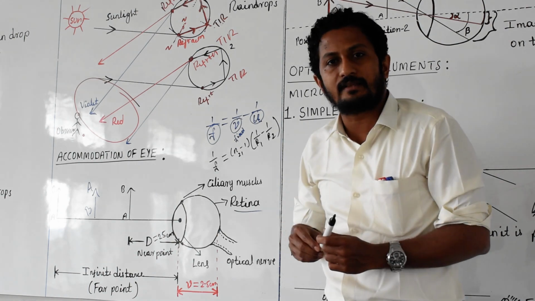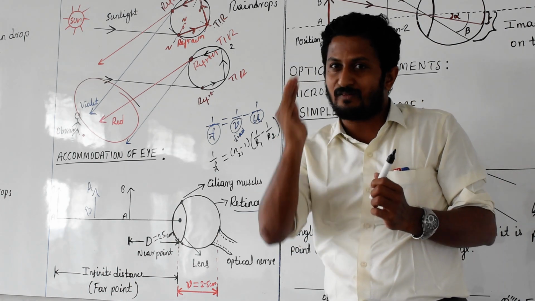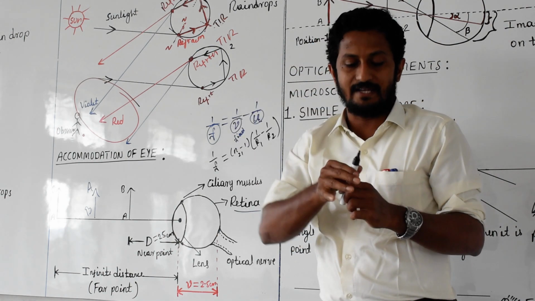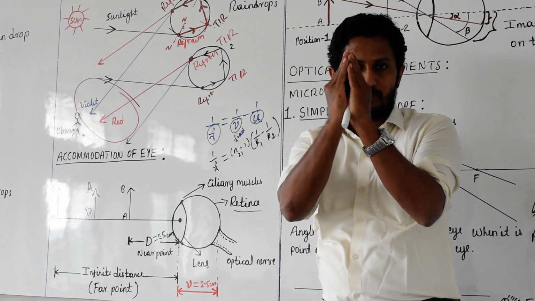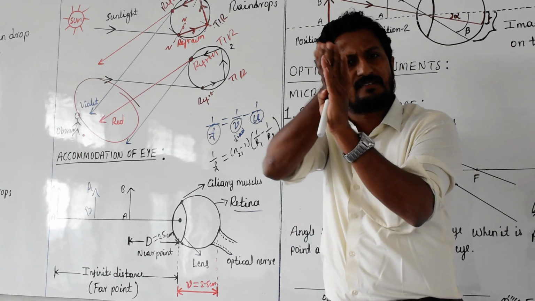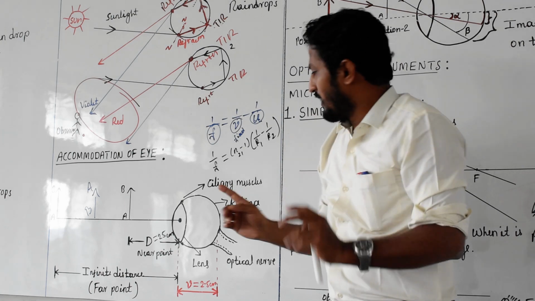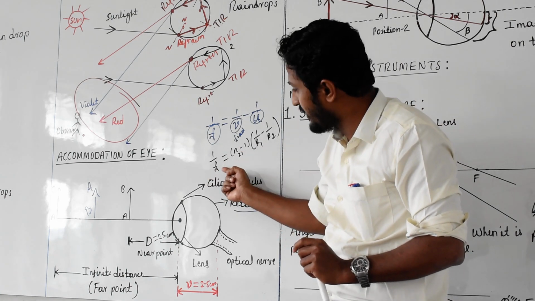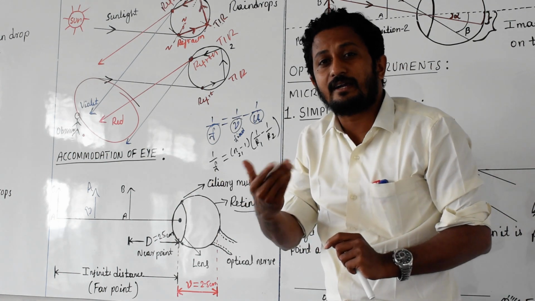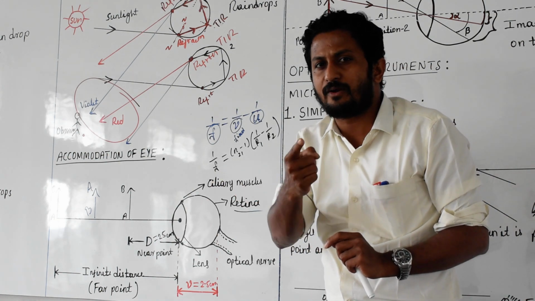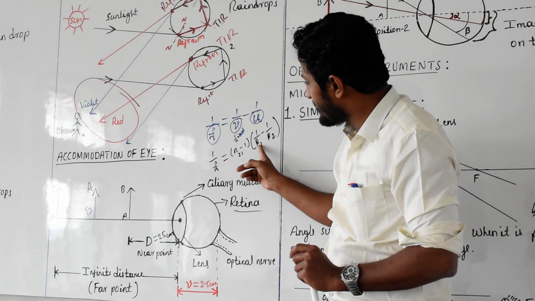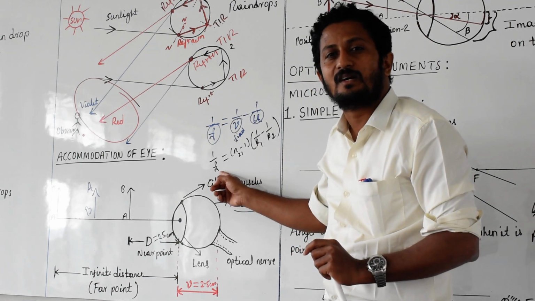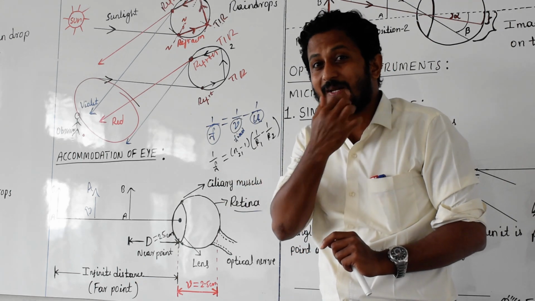R1 and R2 are the radii of curvature of the first surface and second surface of the biconvex lens. How are they related? Radius of curvature and focal length are directly proportional. As the radius of curvature increases, focal length also increases.